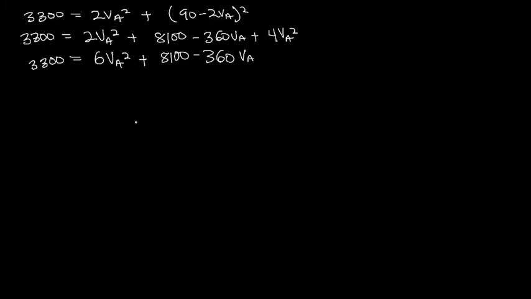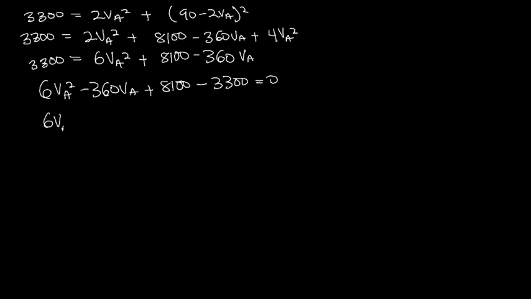Sorry, so let's bring the 3300 to the other side of the equal to sign so that we can get an equation to solve. So we have 6va squared minus 360 va, then plus 8100, then minus 3300 is equal to 0. All right, so this is now what we have.